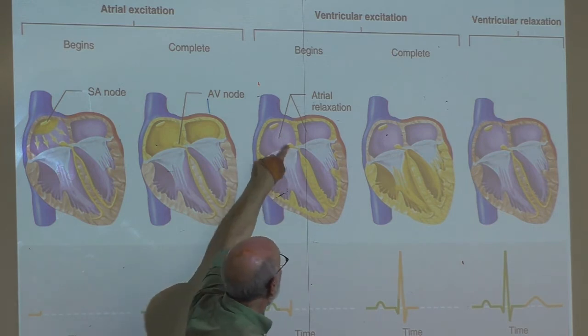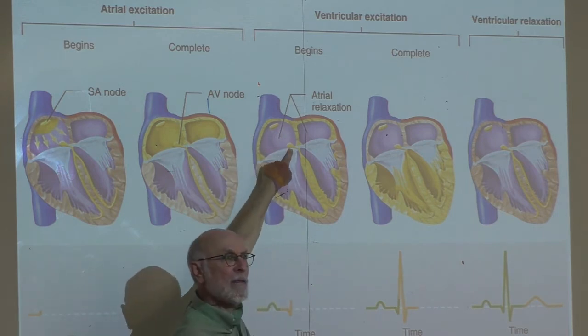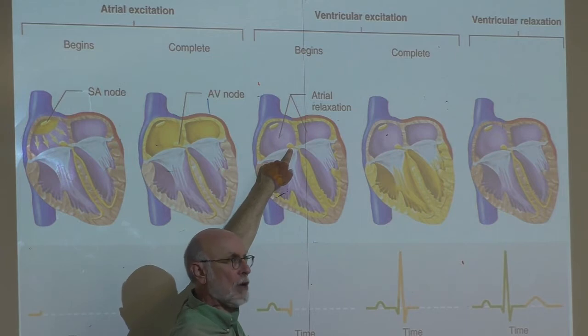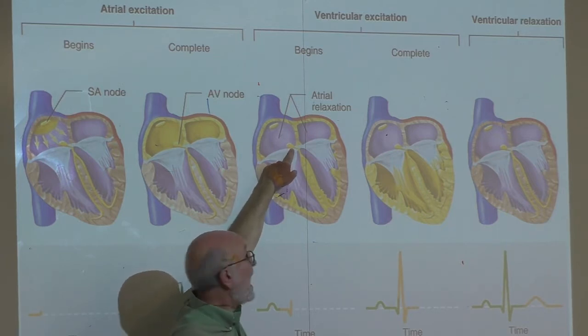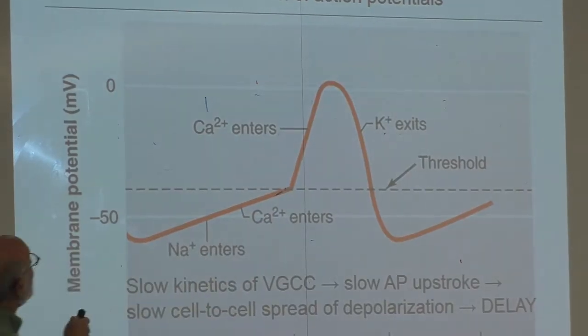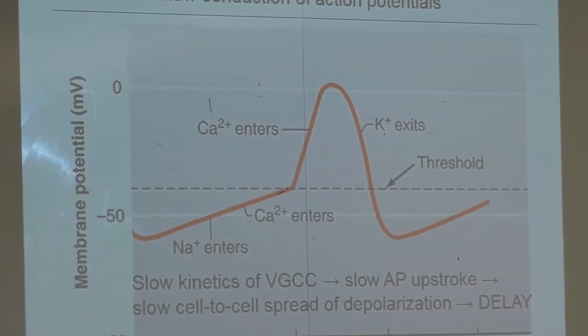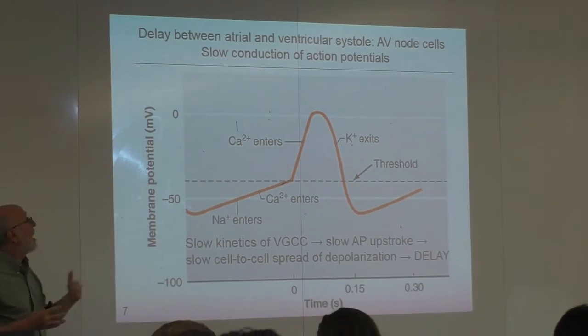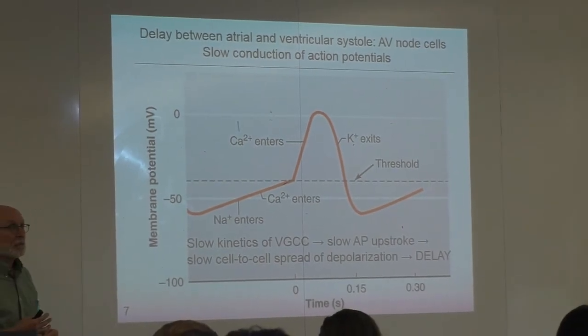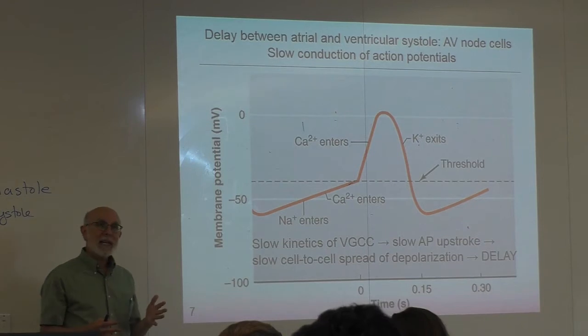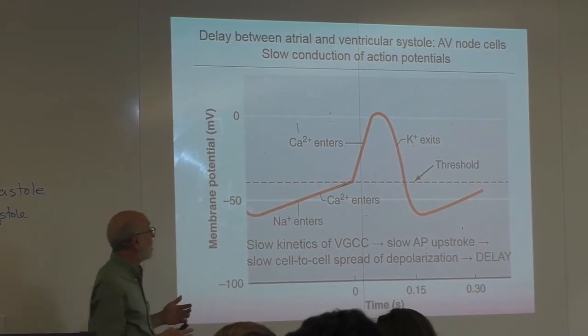So now we want to talk about how AV node cells work, and how they enforce a delay. How do AV node cells enforce a delay between atrial systole and ventricular systole? The mechanism is simple.